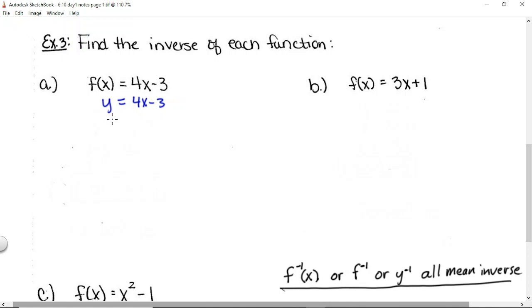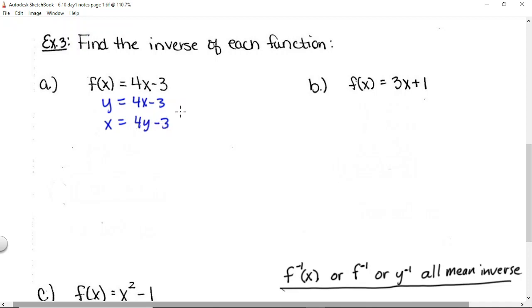We want to change the roles, and we want what was the input to be the output, and vice versa. So we just switch the variables. So where there's a y, we put x, and where there's an x, we put y.